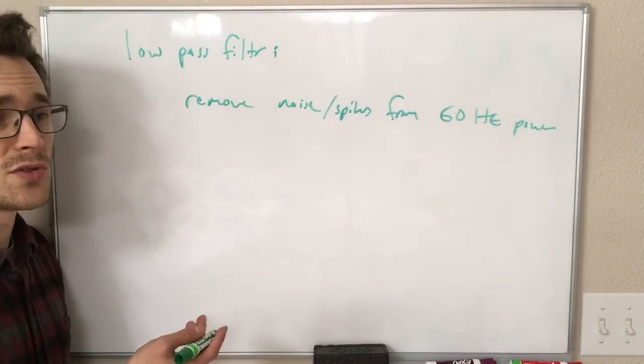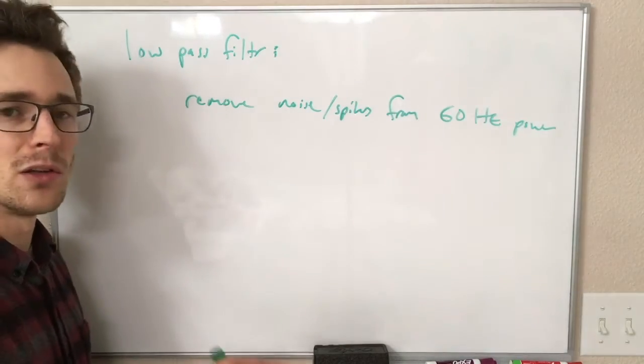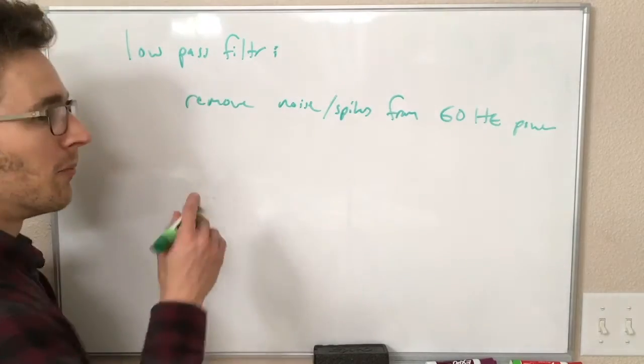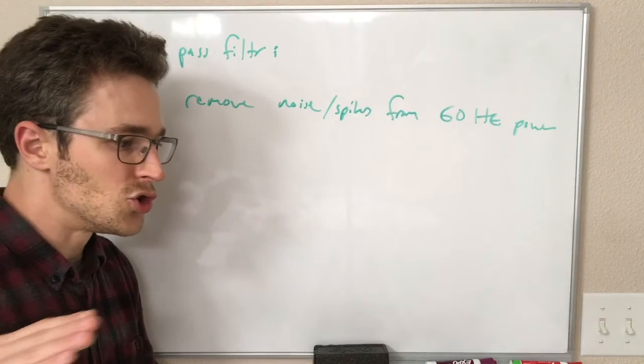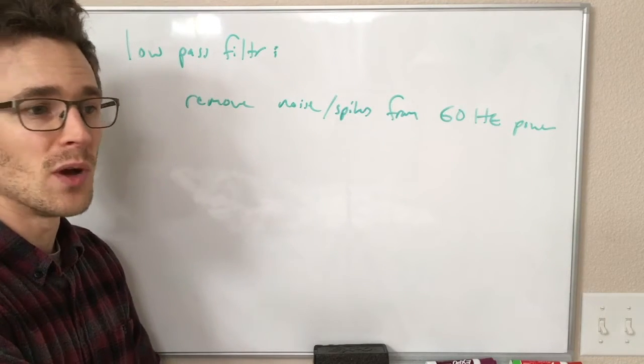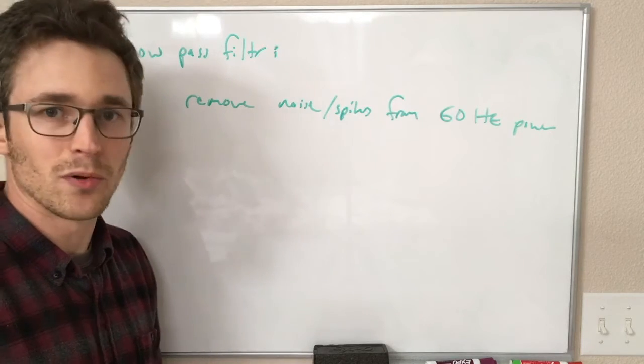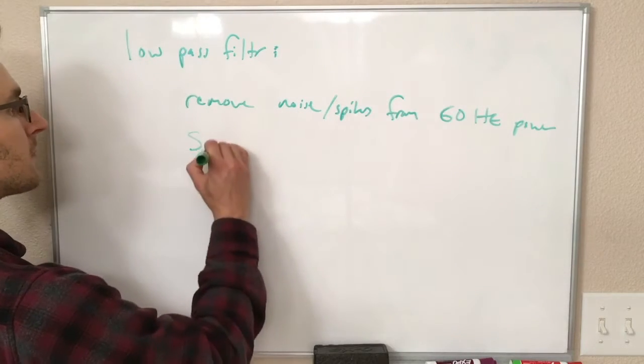You could also use this to separate out low frequencies from an electronic audio signal and send just those low frequencies to some kind of speaker that's good at those low frequencies, what we would call a woofer or a subwoofer.